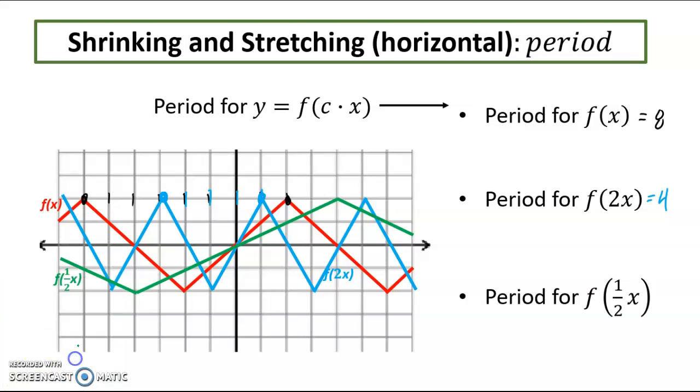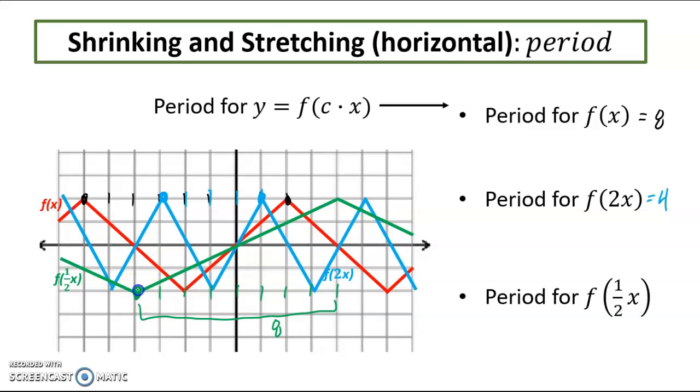When I look at my graph in green, I can't even get there. Let me go from here, 1, 2, 3, 4, 5, 6, 7, 8. I've gone 8 units on my stretched graph, and I've only actually gotten to half of a period.